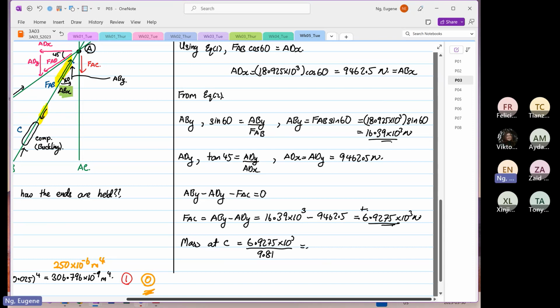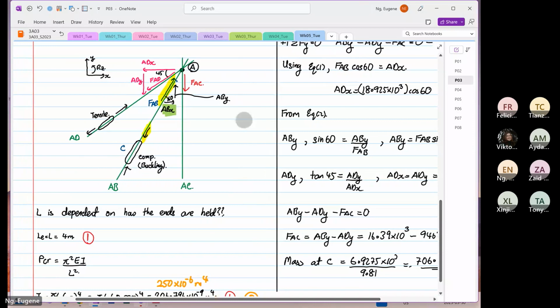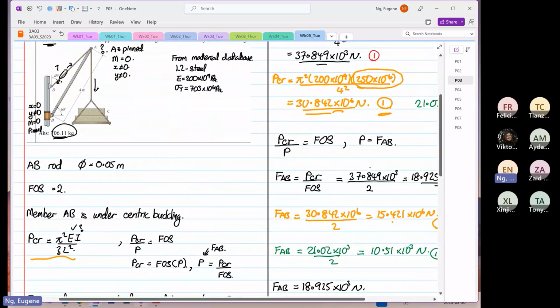Divided by 9.81, I get 706.17 kilogram. So the answer is 706.11. We are not that far away. Okay, so this is correct.